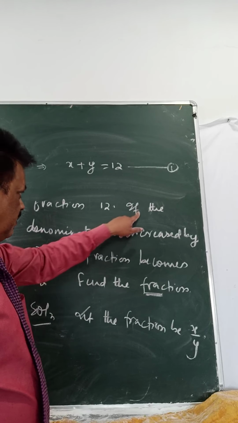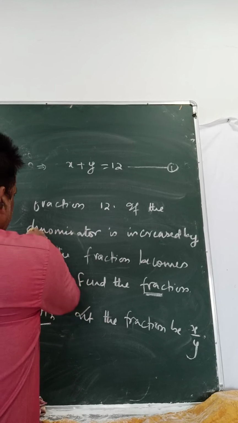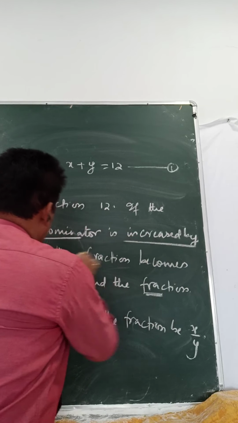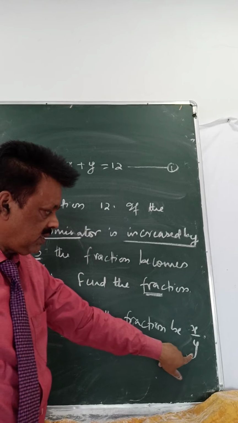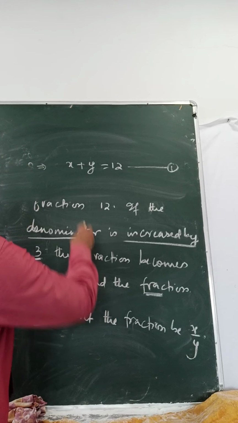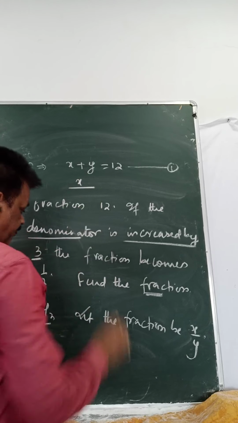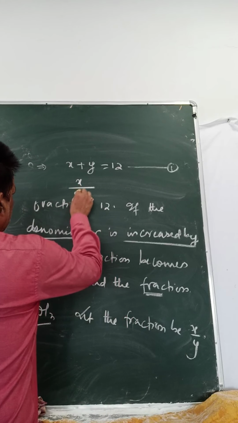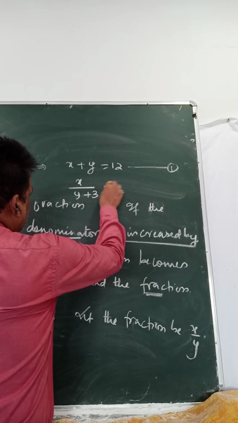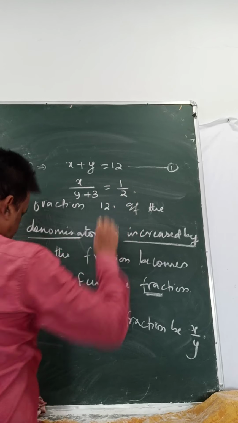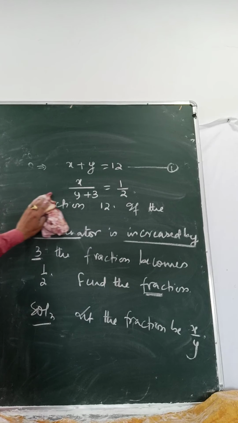Now, if the denominator is increased by 3, it means this is increased by 3. So x by y plus 3 equals 1 by 2. So how to simplify?